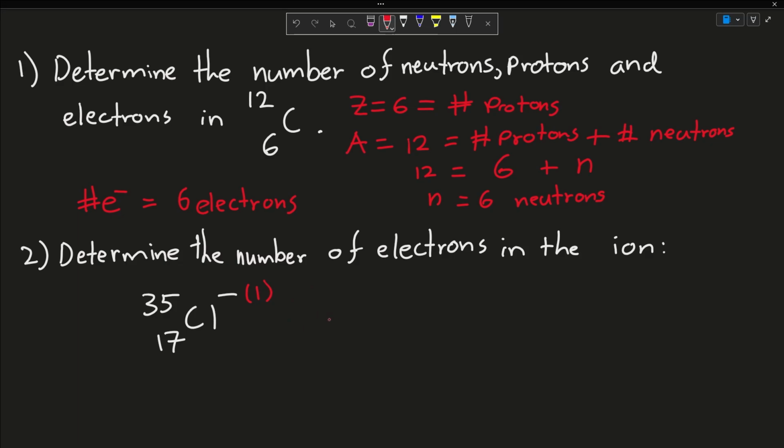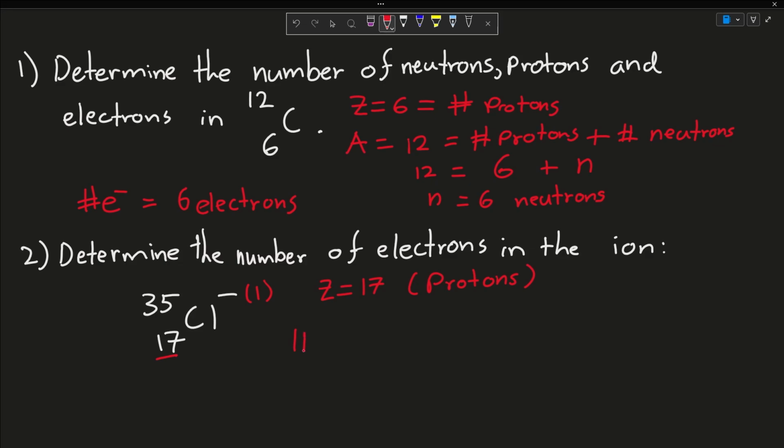So we know that in a neutral atom, the number of protons is equal to the number of electrons, and we see that our atomic number, Z, is equal to 17, which is also 17 protons. Now, since a proton has a charge of +1, and an electron has a charge of -1, and our ion has an overall charge of -1, therefore, we must have one more electron than we do protons.